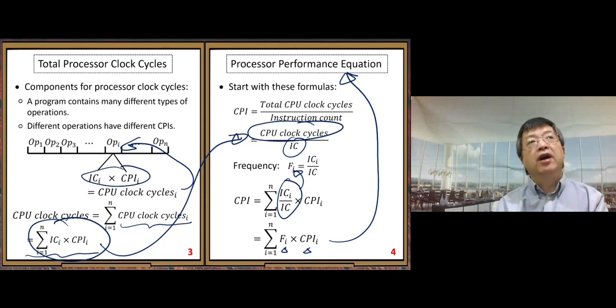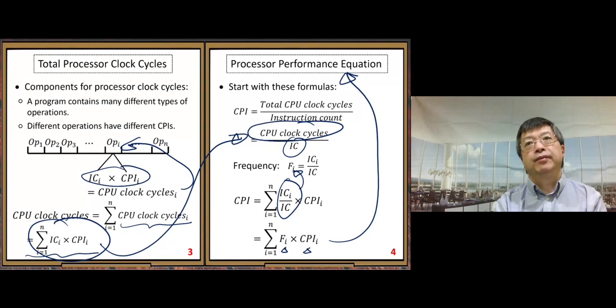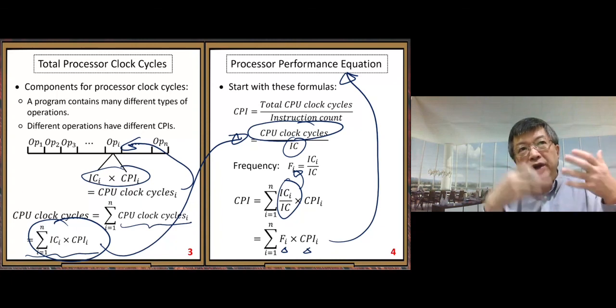And this is the most important formula for this part B. All right. So in B.3, I gave you the concept: how do we derive this equation?